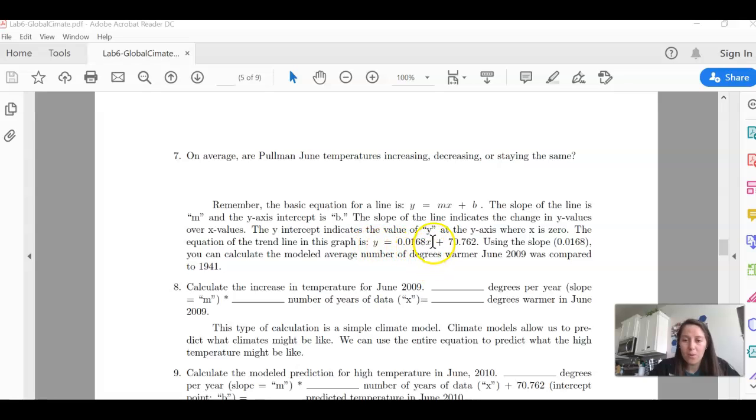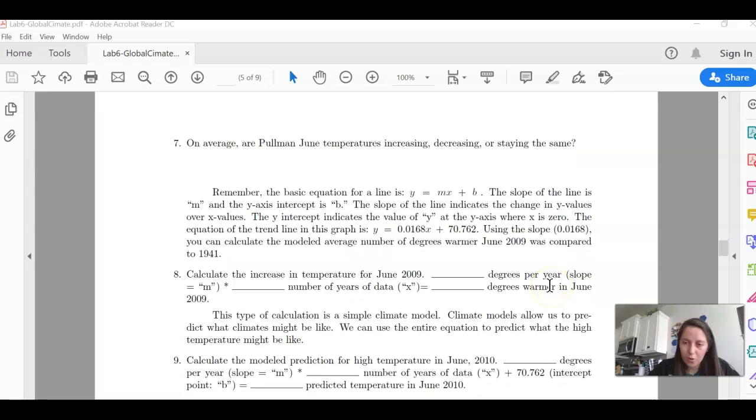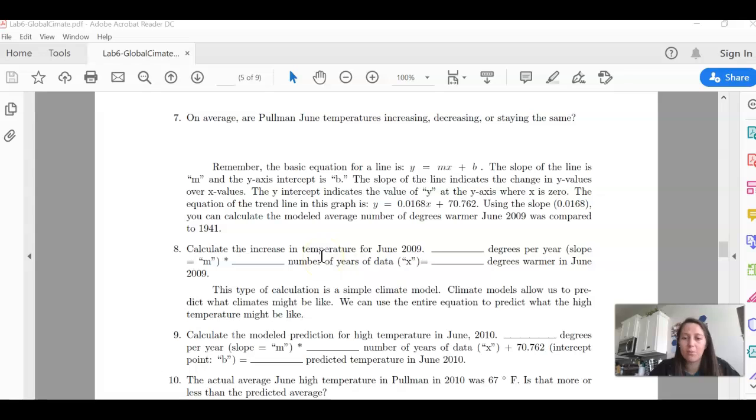Okay, so the equation of the trend line in this graph is y = 0.0168x + 70.762, which is mx plus b. Using the slope, you can calculate the modeled average number of degrees warmer in June 2009, comparing it to June of 1941. So calculate the increase in temperatures for June 2009. Here you would input the degrees per year, that would be the slope, right?